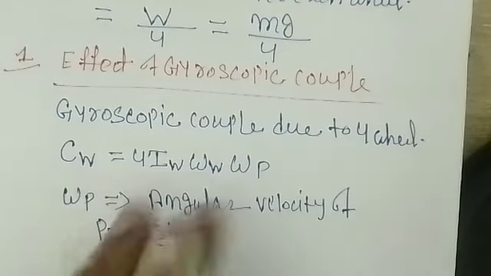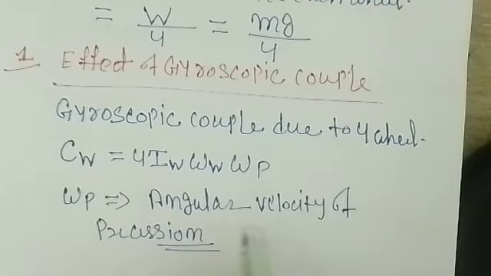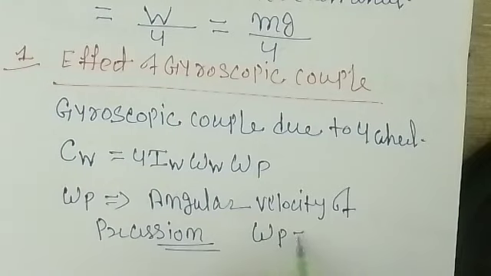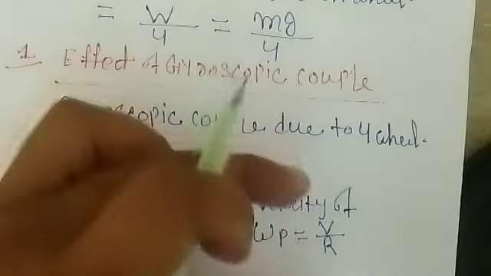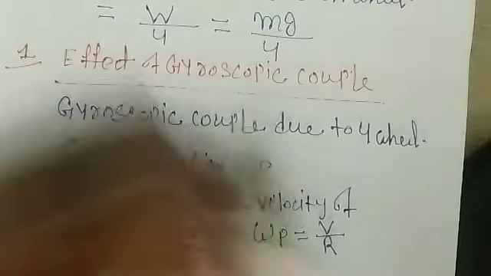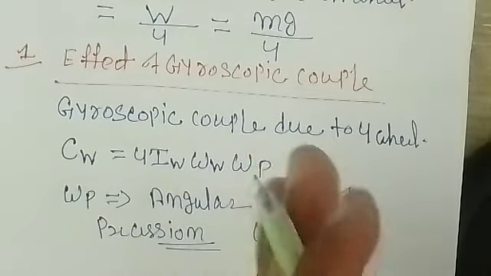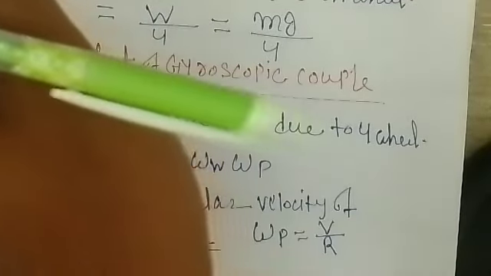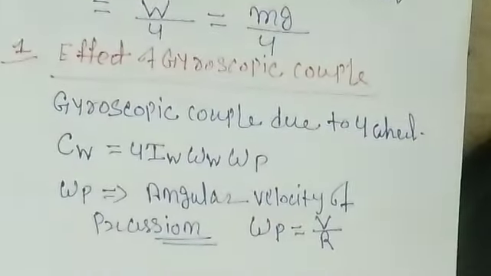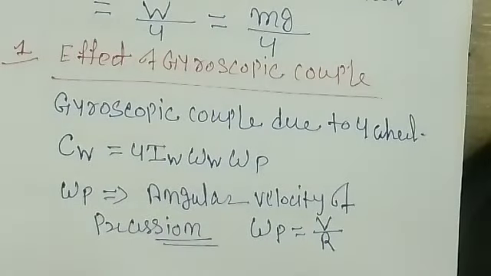The magnitude of this angular velocity of precession you can write here itself: omega_P is equal to V by R. V is the velocity with which your vehicle, your four-wheeler, is running on the road, okay? And R is the radius of curvature, the radius of the curved path on which the vehicle is travelling, right?